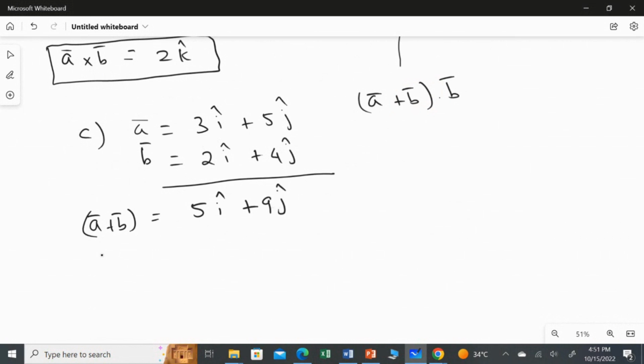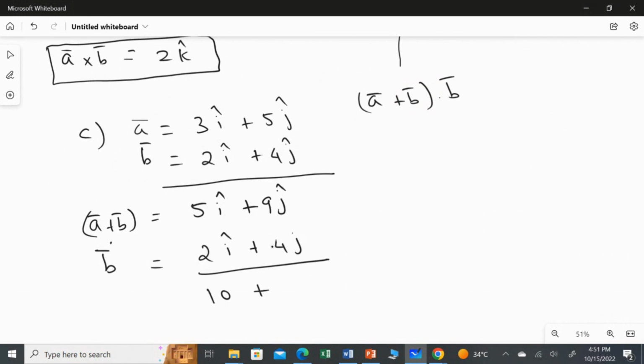And then you have to dot product with B vector. Am I right? What is our B vector? Which is here. Again, I'm going to write this here: 2 i cap plus 4 j cap, and you are going to find the dot product. So that means i with i multiplication, j with j. So 5 multiplied by 2 gives you 10, and i multiplied by i is i square, which is 1, plus 9 multiplied by 4.